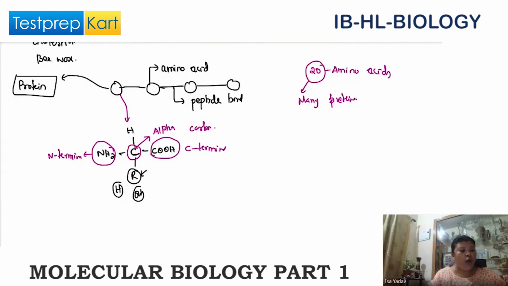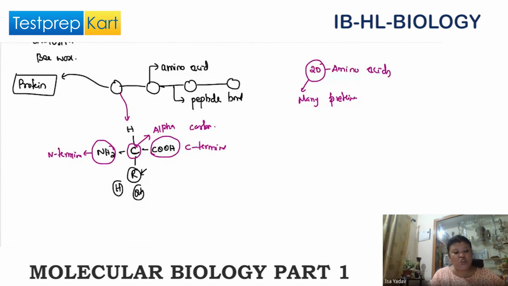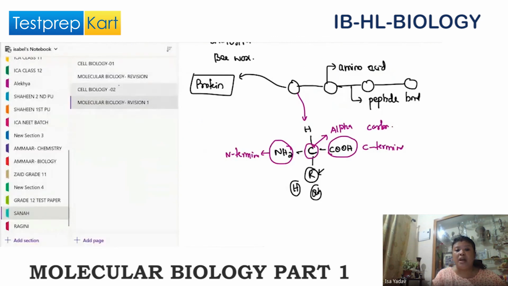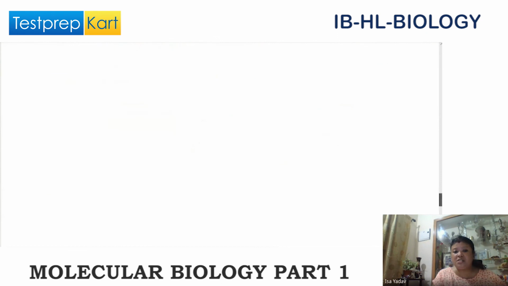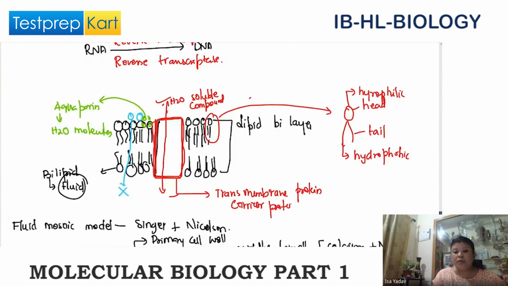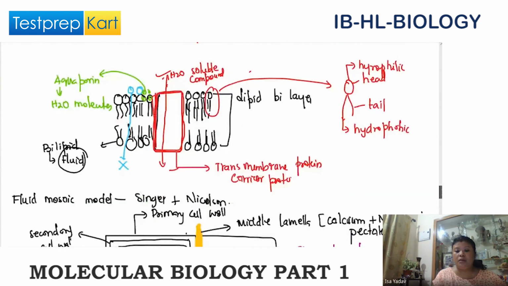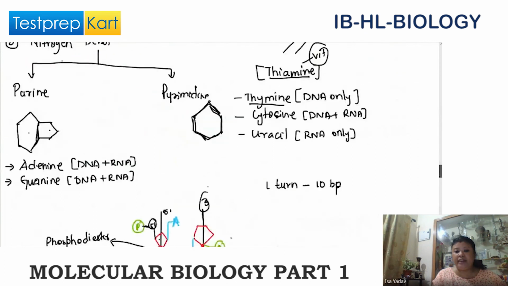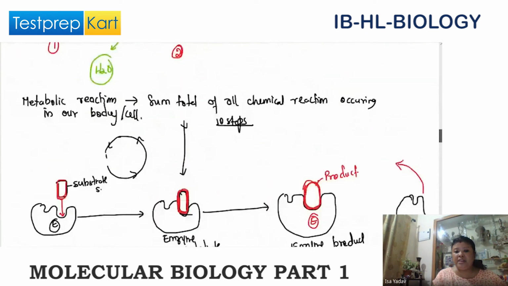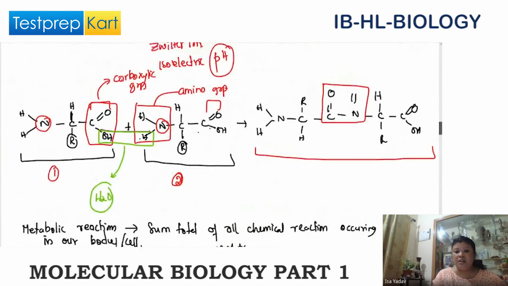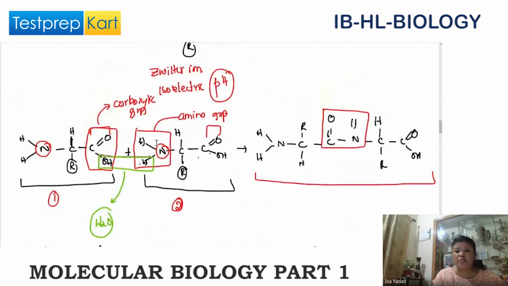Okay. So we'll have peptide linkages. I told you. These are linkages which are present between the two amino acids. If you remember, this is the one that we had done last, in the previous class. Do you remember this?